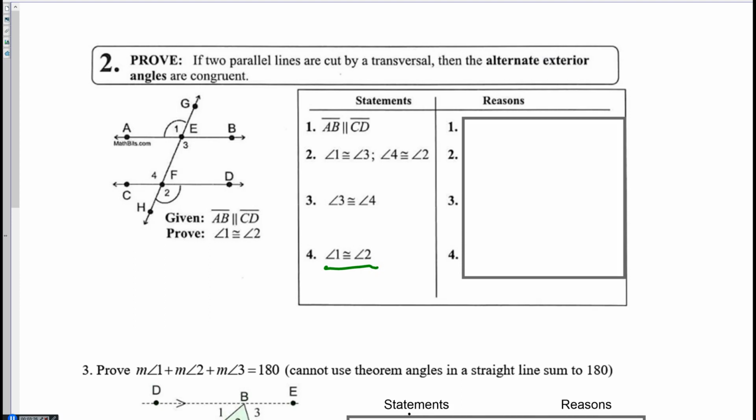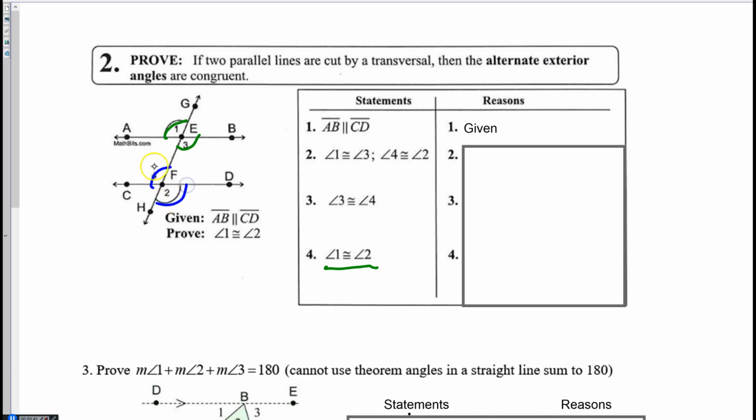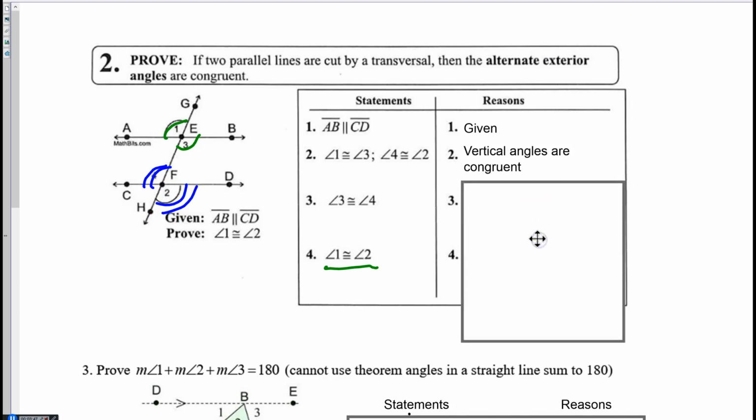So same sort of process. AB parallel to CD, because that was the information they gave to me. Angle 1 is congruent to angle 3. And angle 4 is congruent to angle 2. Because, again, those are vertical angles, and vertical angles are congruent.